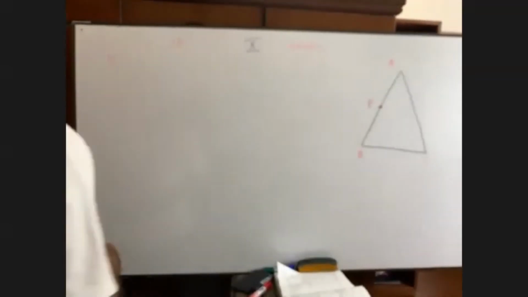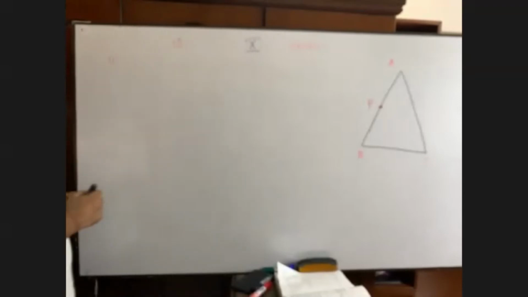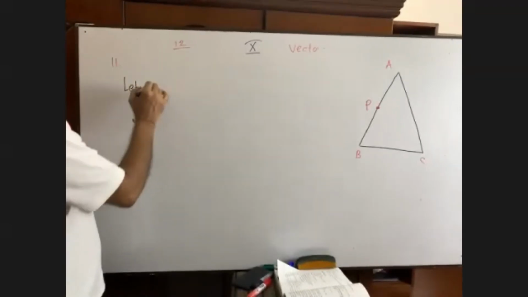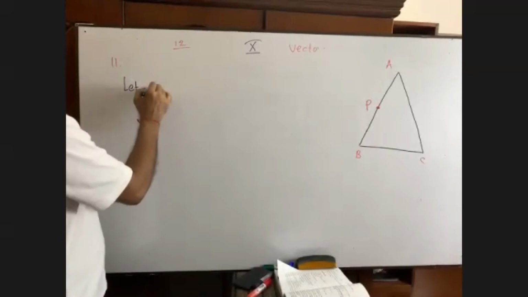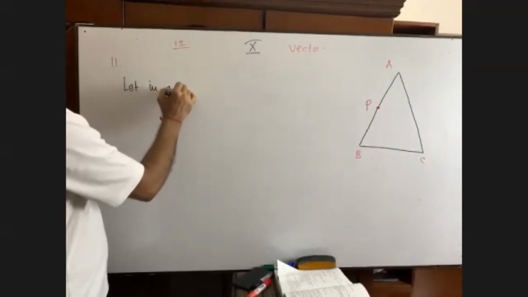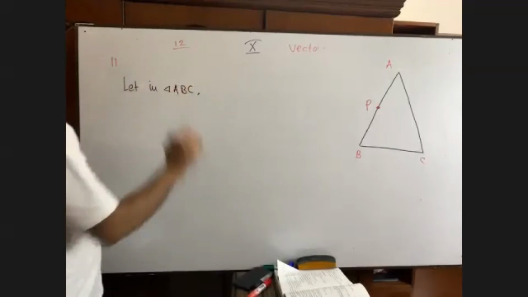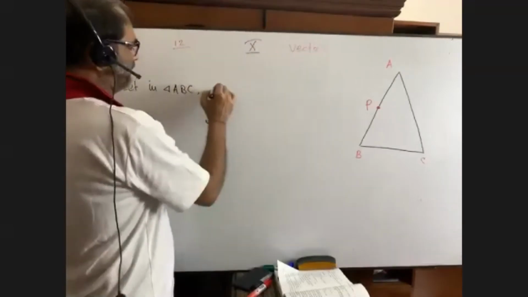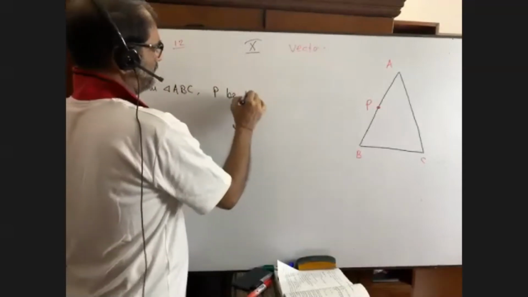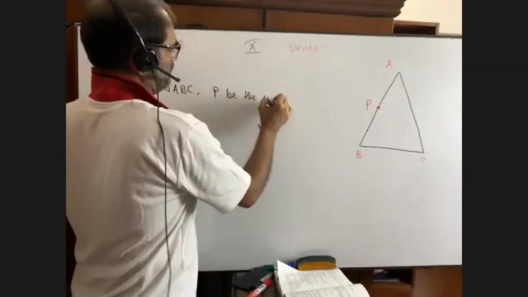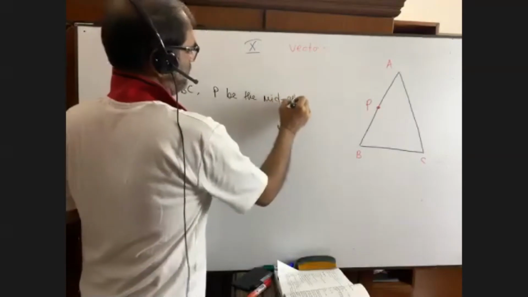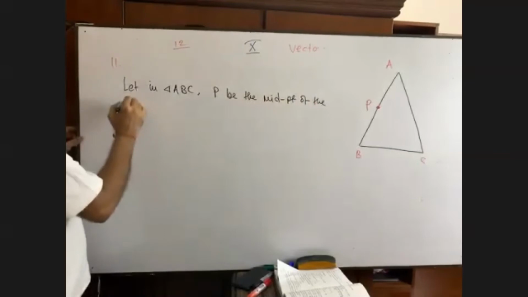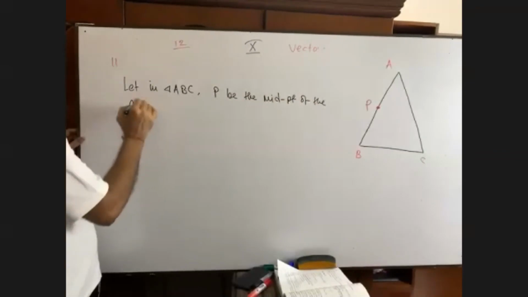Write down. Please go with me. Let in triangle ABC, what is given? P be the midpoint of the side AB.